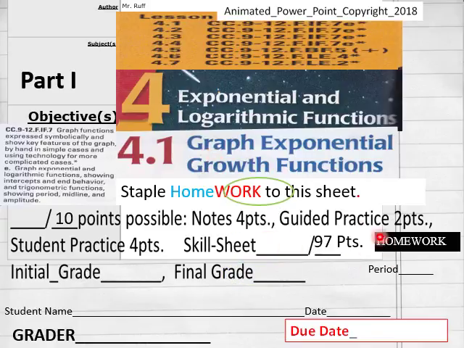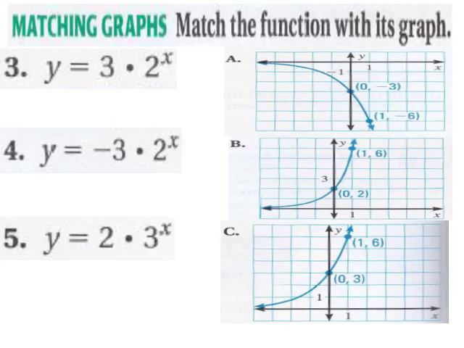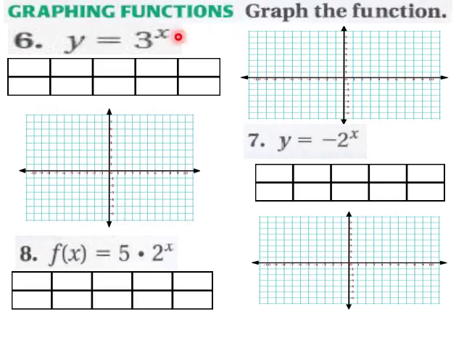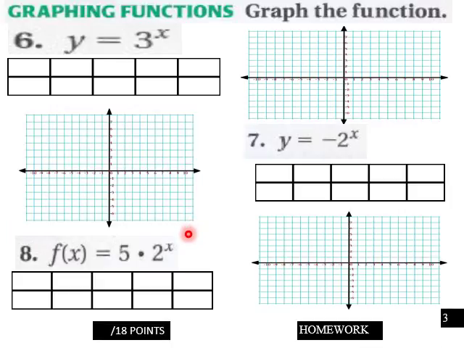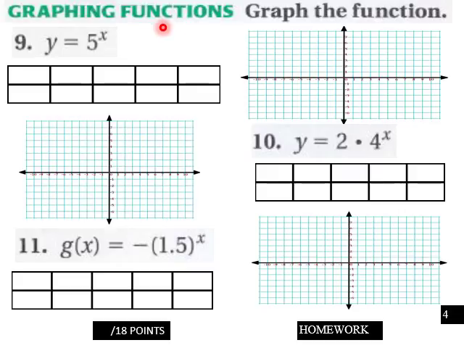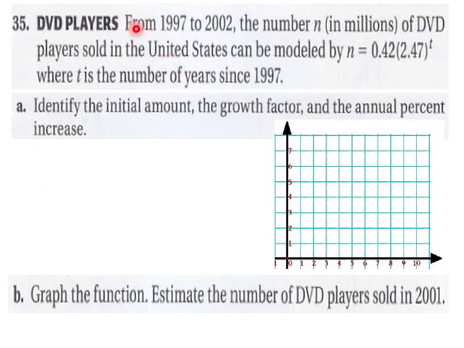Then we go into our homework here for 4.1, graphing exponential growth functions, vocab and writing. And then we get into matching graphs here. This is always fun. This is nothing but fun here for y'all. And then graph these functions. Use a graphing calculator, class. And then same thing here. Graph these functions.